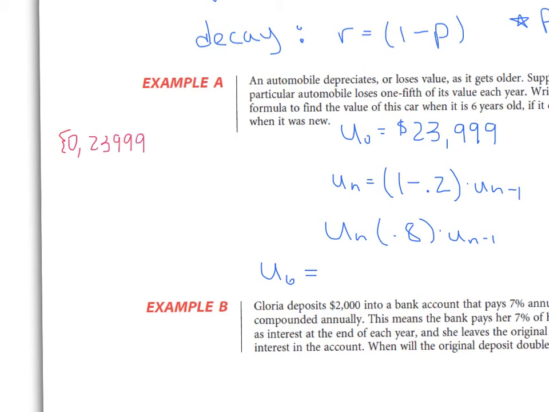So my zero term was 23,999. And then always it's answer 1 plus 1, and then answer 2, and then whatever your rule is. In this case our rule was multiplying by 0.8. And you can just hit enter until you get to the sixth year to get your answer. Go ahead and pause the video, and when you are done, hit play again so we can continue on to example B.